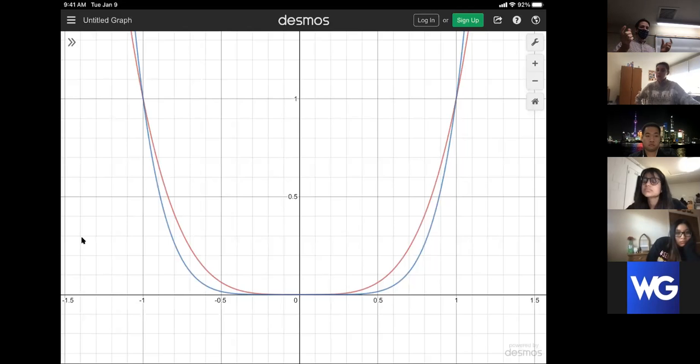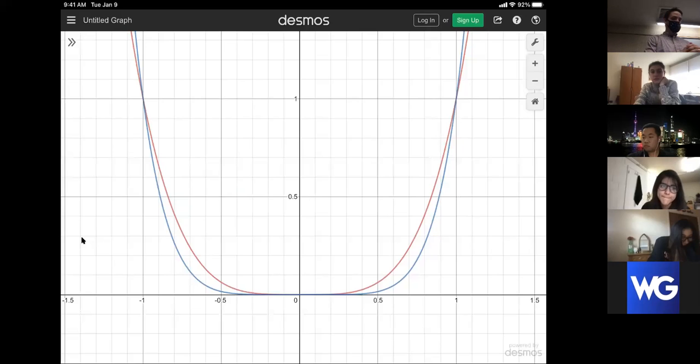So for numbers smaller than 1 in absolute value, if I start raising them to powers, they get smaller, which is why x to the 6th actually lies below x to the 4th. Larger power actually means smaller number if the absolute value of the number is less than 1. Excellent question. Any other questions?